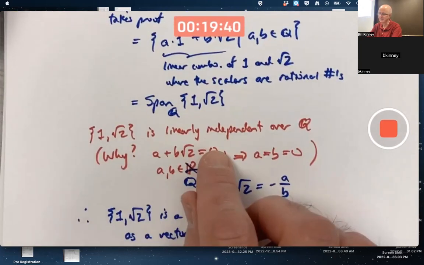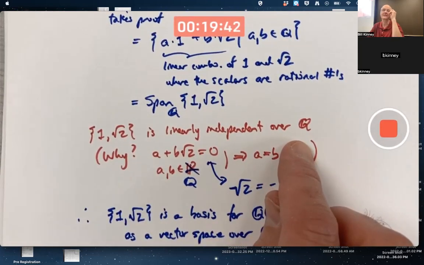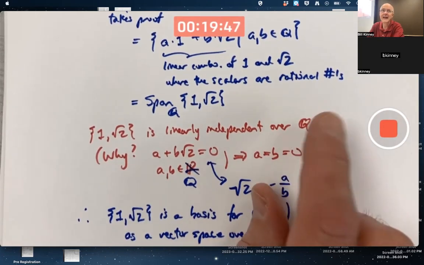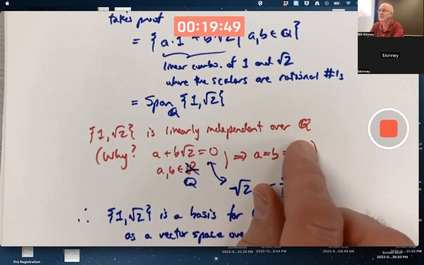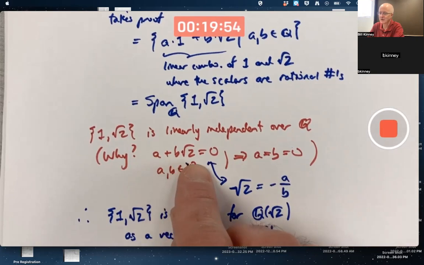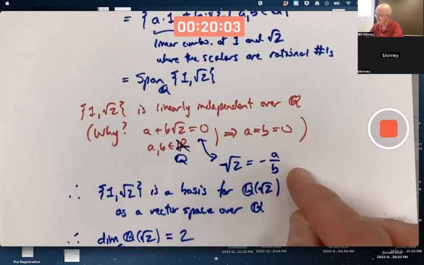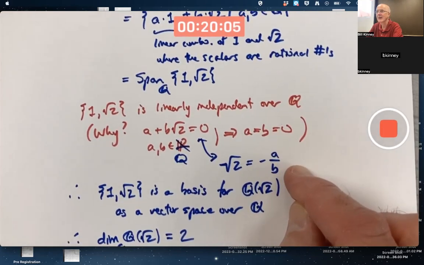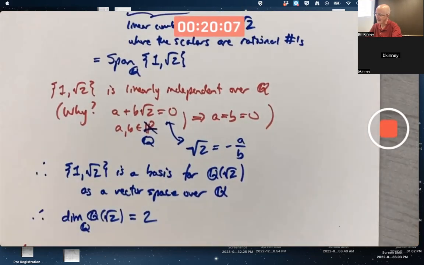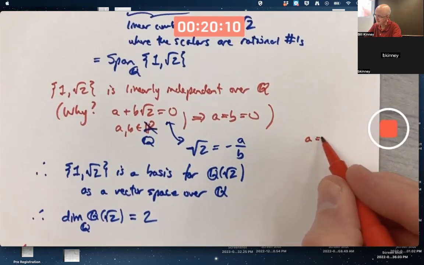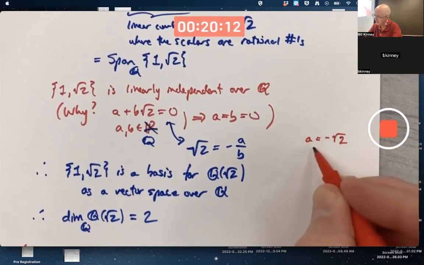And this is a linearly independent set over Q. It's not a linearly independent set over R. The external field for the vector space matters. A plus B times square root of 2 can equal 0 for non-zero real A and B. What's an example? Just choose an A and B so that this is true. Like A is negative square root of 2 and B is 1.